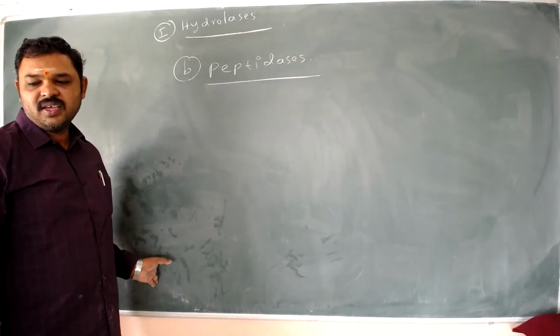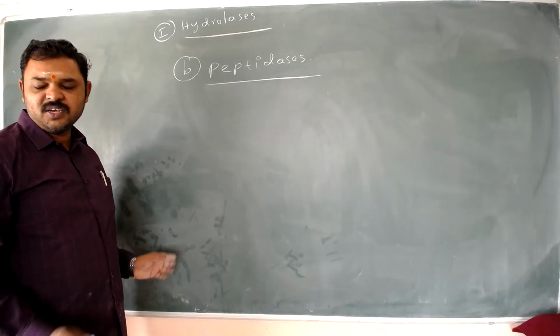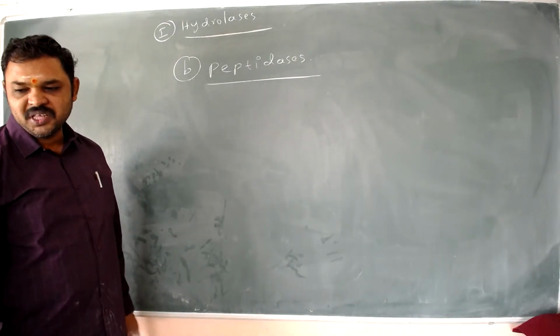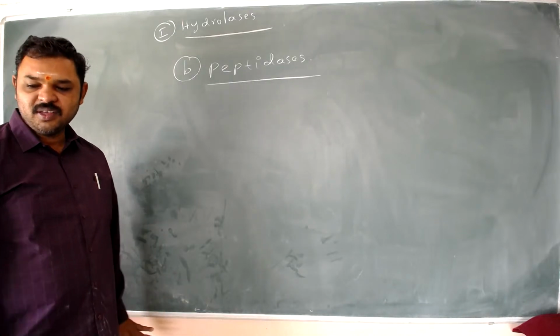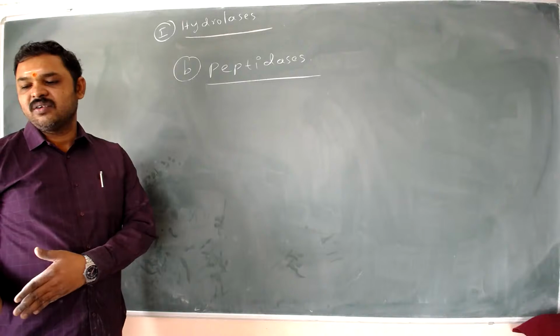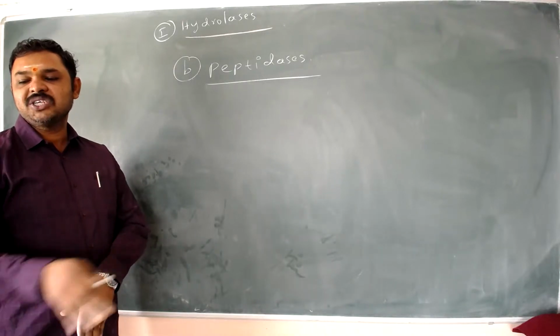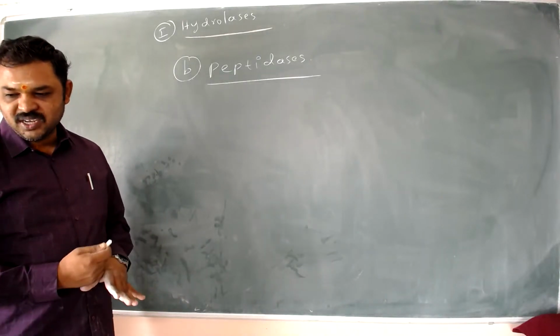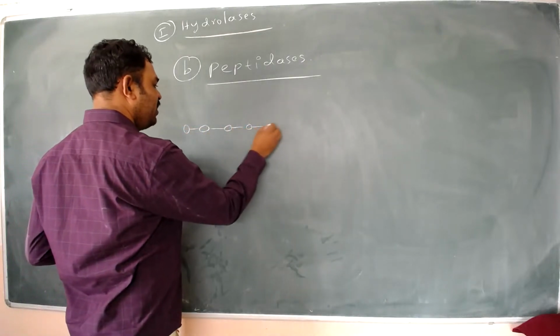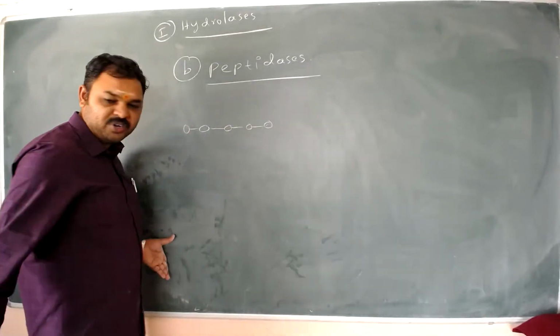Peptidases are the enzymes involved in the breaking of peptide bonds, with the result that amino acids are formed. Generally, by removal of water, a peptide bond is formed. By addition of water, a peptide bond is broken. This is a protein chain: amino acid, amino acid, amino acid, amino acid, amino acid.